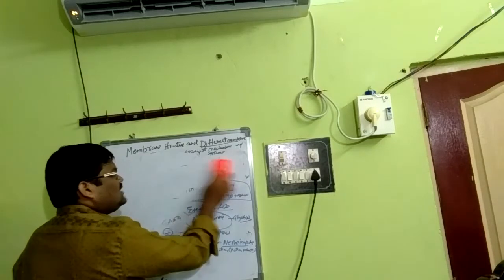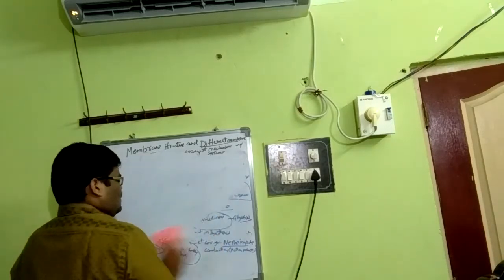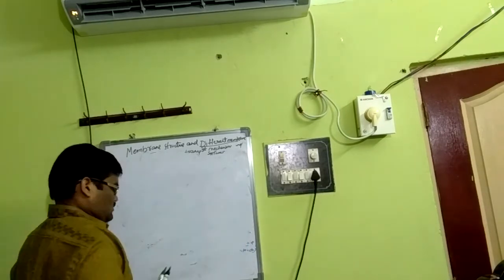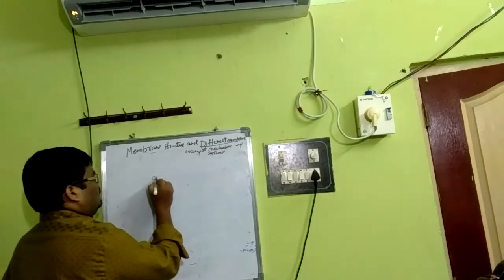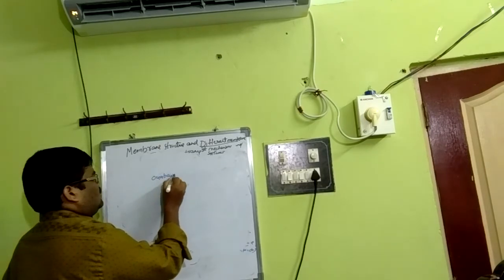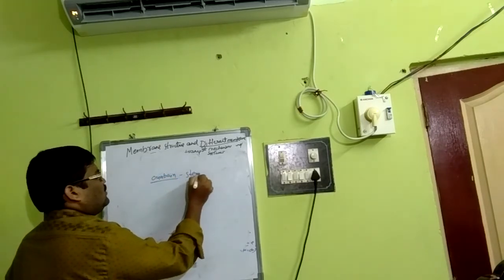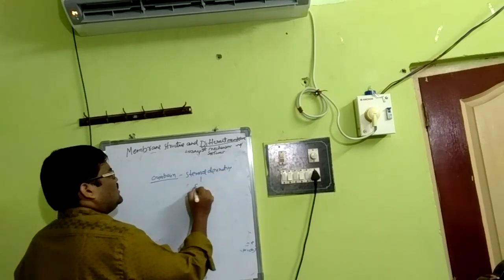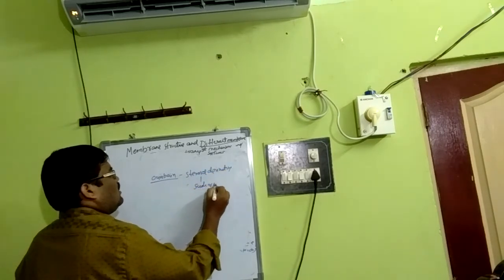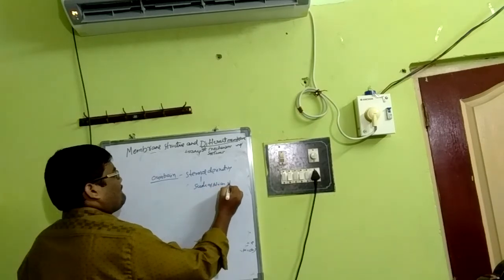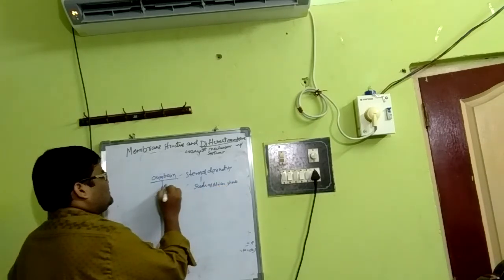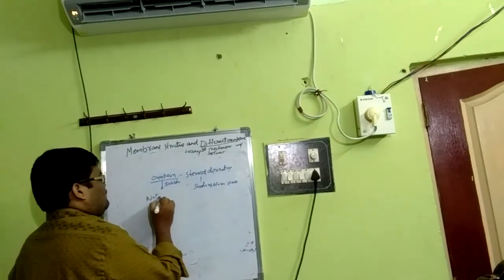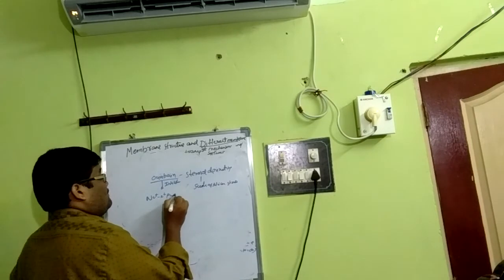There is one more important thing. Ouabain is a steroid derivative extracted from the seeds of African shrubs. This will inhibit the sodium potassium pump.